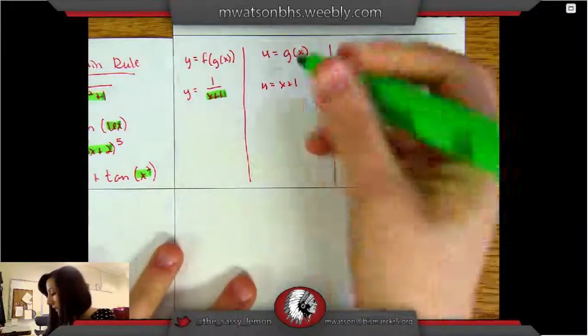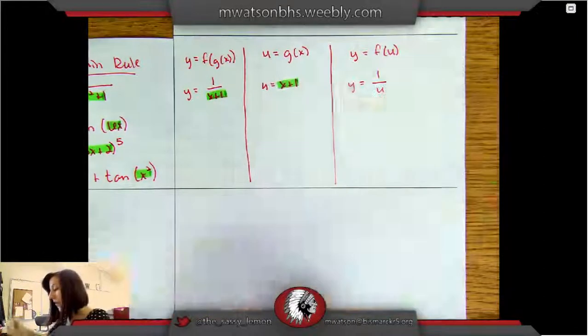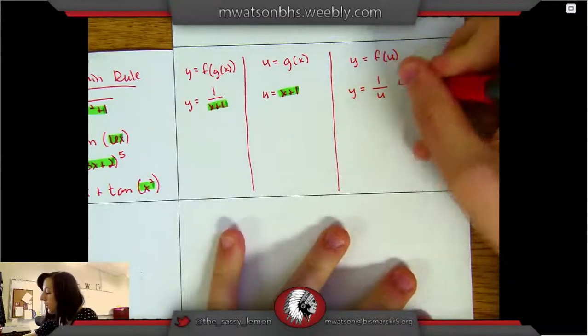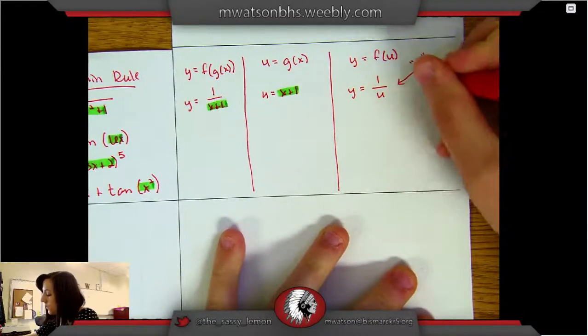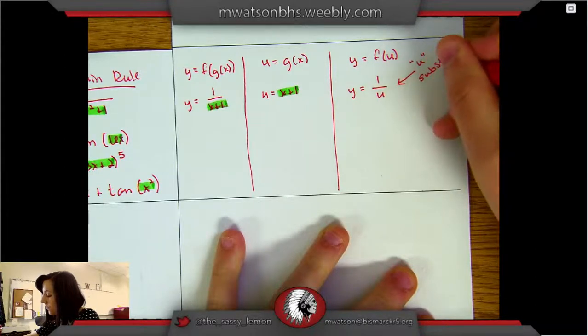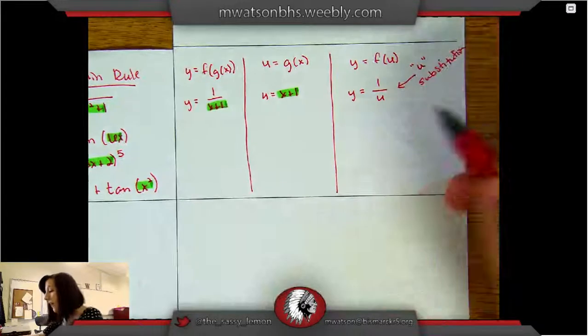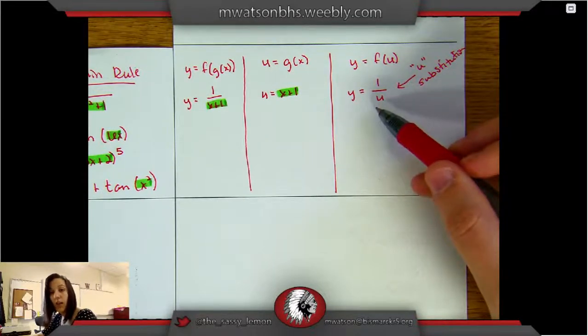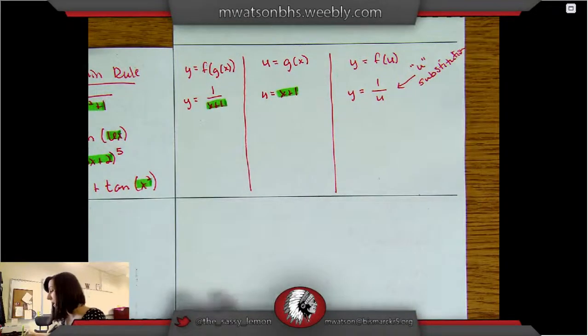So you can kind of see, here's our inside function. Now we're calling it u. And so this is where I get the word u substitution. Because now we can do the derivative of this really easily. We'll talk about actually doing it here in a moment. But let's do a couple more decompositions, pulling it apart.